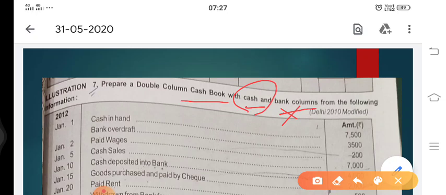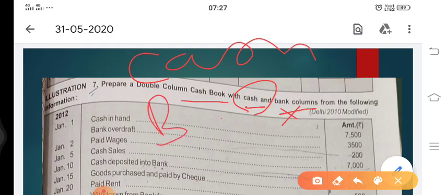In the same way, the receipt amount, whether it's received in cash or in bank, also has to be recorded. So here we have to study double column cash book in which we prepare both cash and bank columns.